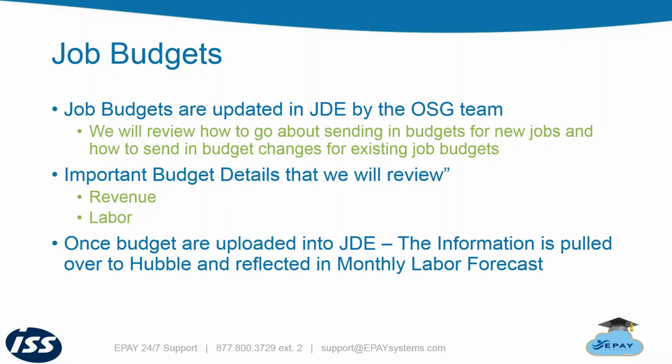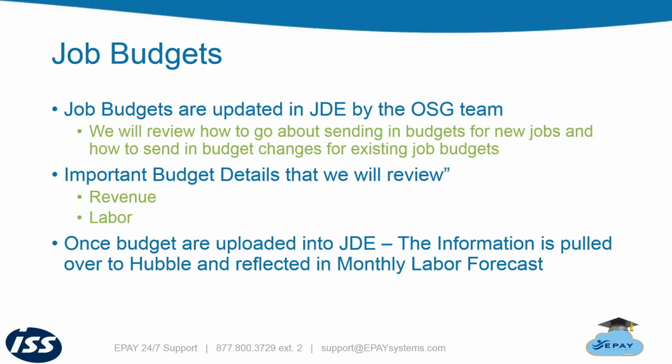So after you've created a job in JDE, it is now in need of a job budget. And job budgets are updated in JDE by us, the OSG team. I will review how to go about sending in budgets for new jobs and how to send in budgets for existing jobs.